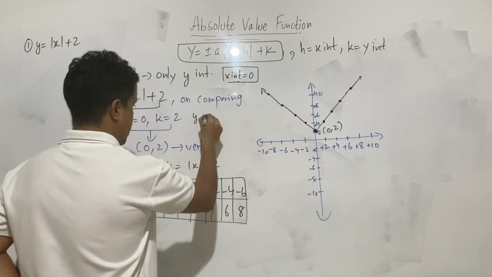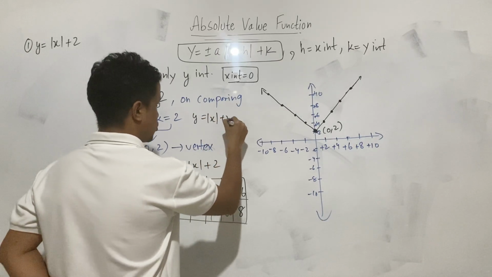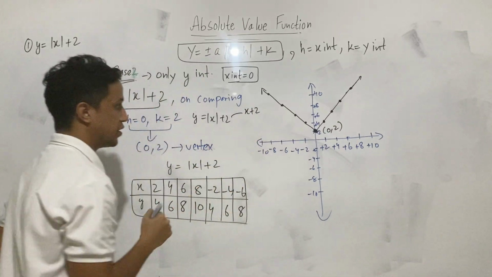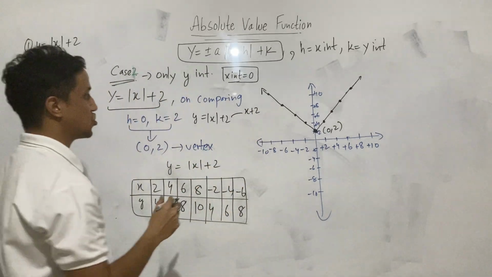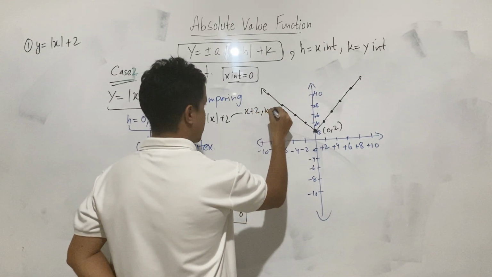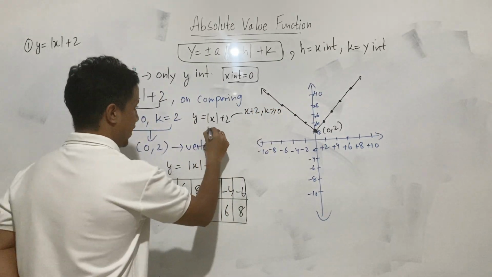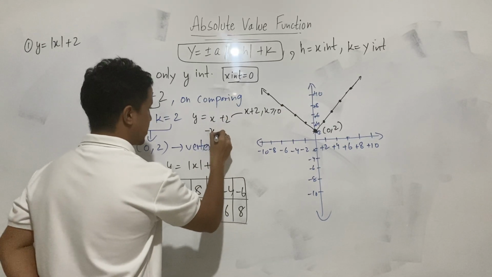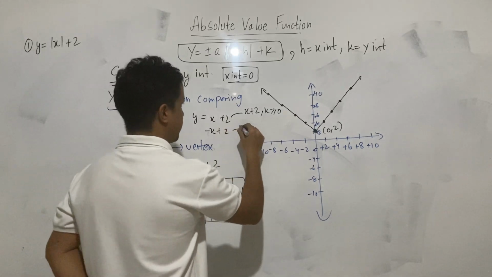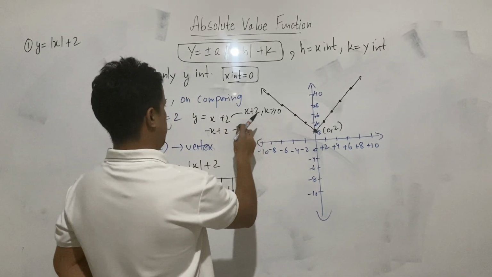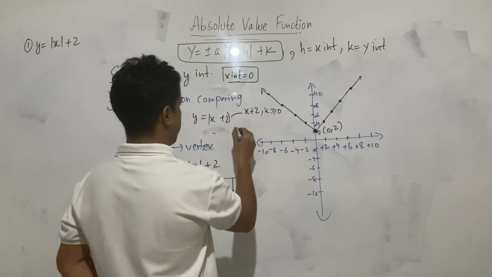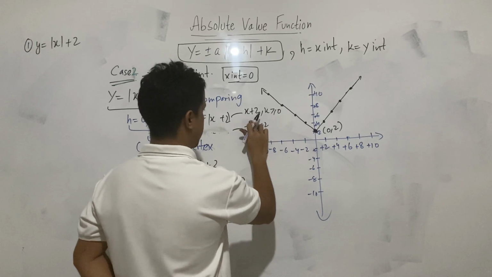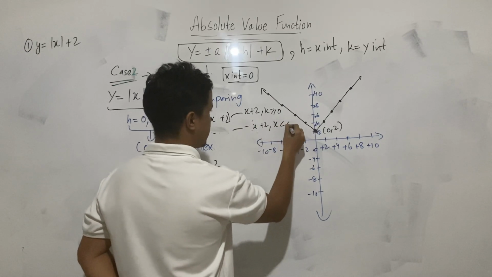Okay, y equals the modulus function of x plus 2. Now can I say it's going to be x plus 2 for x greater than or equal to 0, and negative of x plus 2, or minus x plus 2, if x is less than 0.